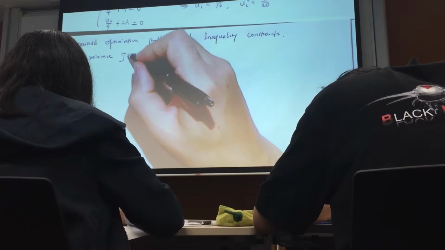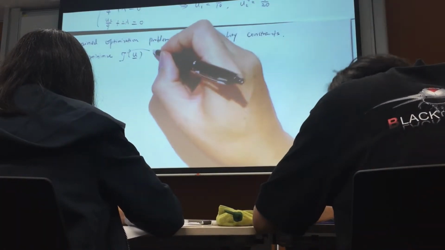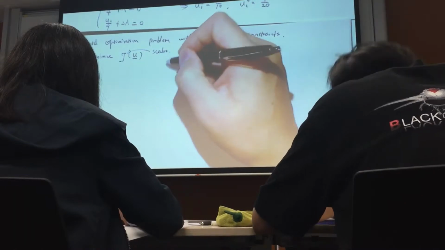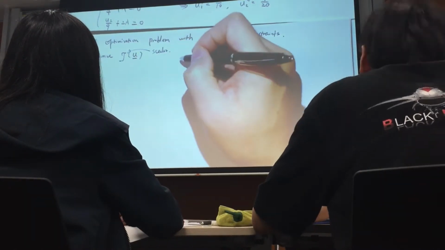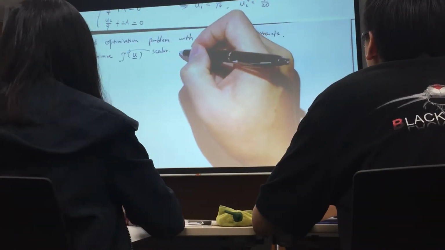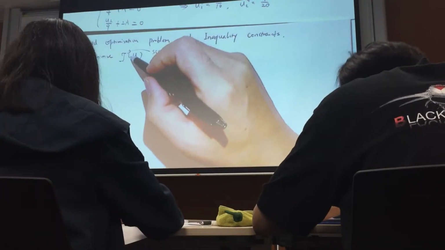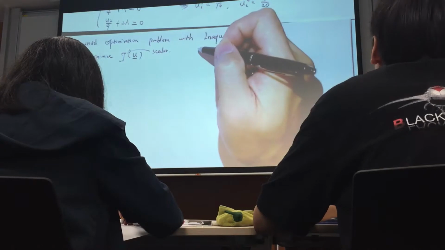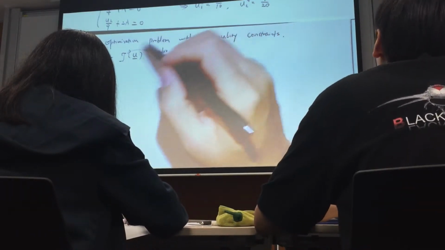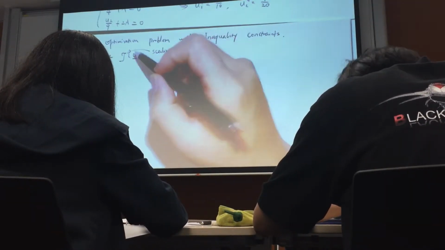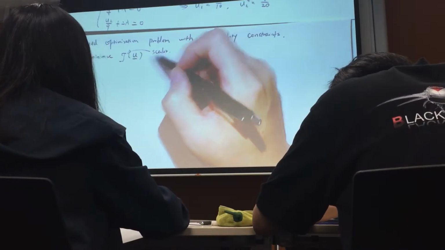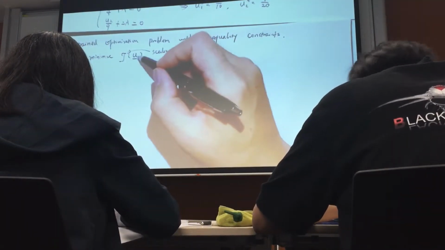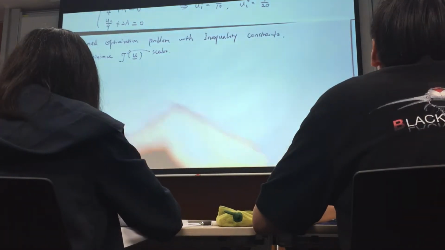So we define this J to be scalar, to represent, for example, the distance from the starting point to destination, or traveling time, or say energy we use to travel from starting point to destination, and something like that. So it's a scalar function of a vector, the control input.